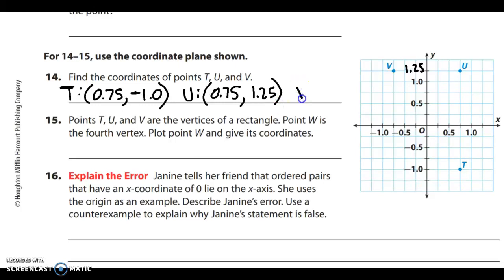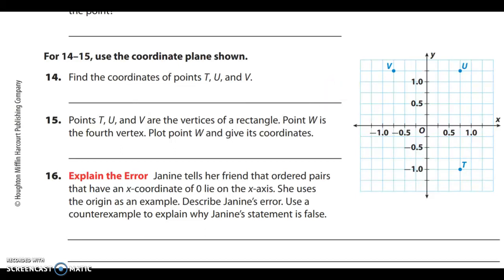And now we're on the last one, which is V. I go to the left, the same distance to the left as I was going to the right. It's 3 spaces to the left, but since it's to the left, it's negative, so it's negative 75 hundredths.